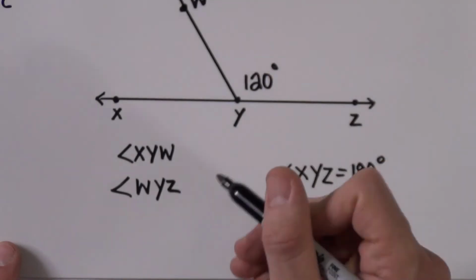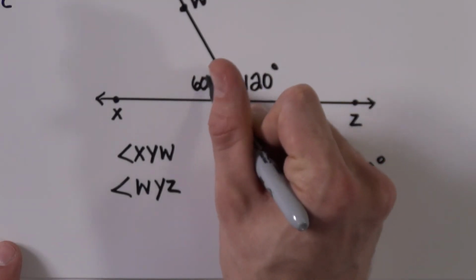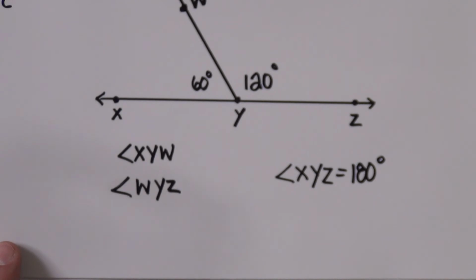And they might have to use that key word, supplement means that the two angles that are non-overlapping and adjacent form together a 180-degree angle. So then they could simply just subtract, and 180 subtract 120 is 60 degrees. So then they can determine that angle XYW is 60 degrees, okay?